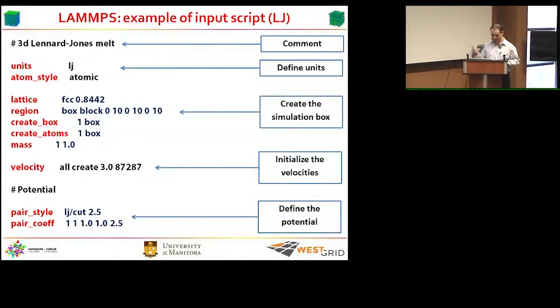For example, here I have just one type of particle, so the pair coefficients between atom 1 and atom 1 are those parameters. If you have, for example, two types of atoms, so you have here for mass 1 and 2, and for pair coefficients you will have 3: 1 1, 1 2, and 2 2. So depending on how many types of particles you have, you will change the potential.